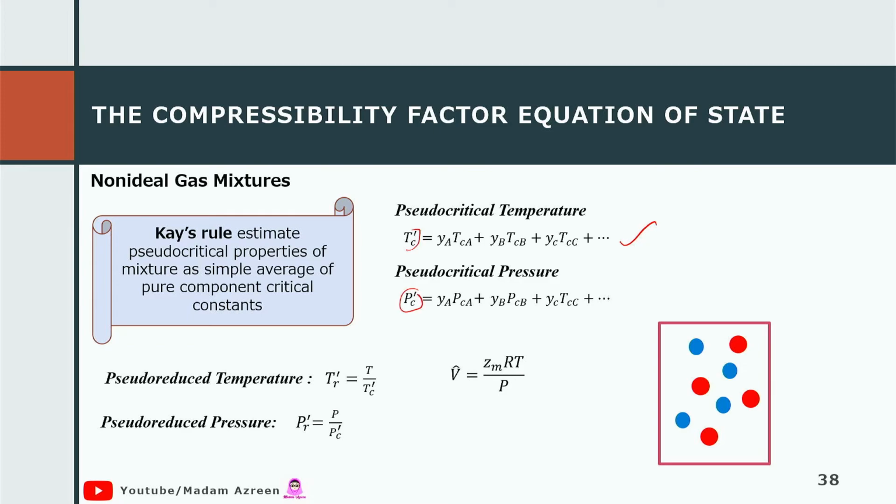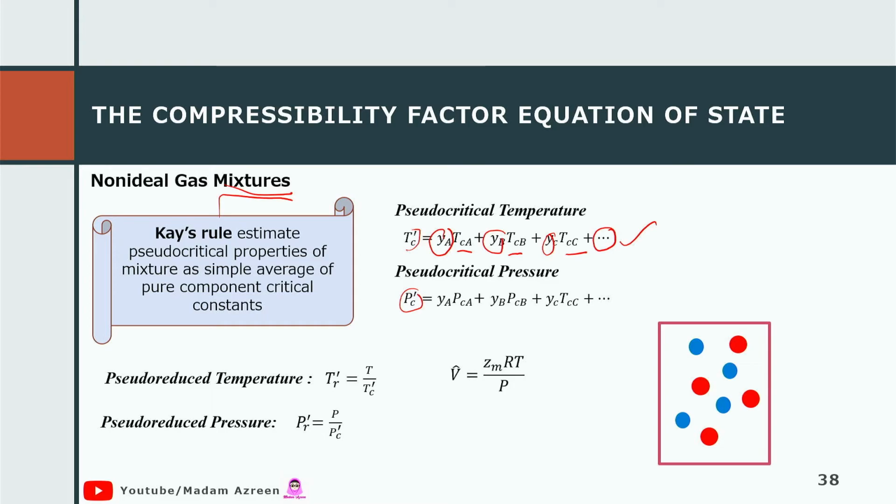Because this system is a mixture, you can see here a mole fraction of A, a mole fraction of B, and the critical temperature for A, the critical temperature for B, or C, or any other. That's why we have this three dotted line.